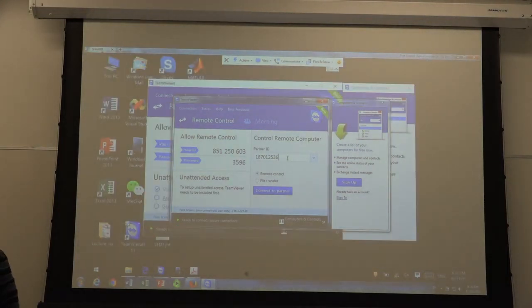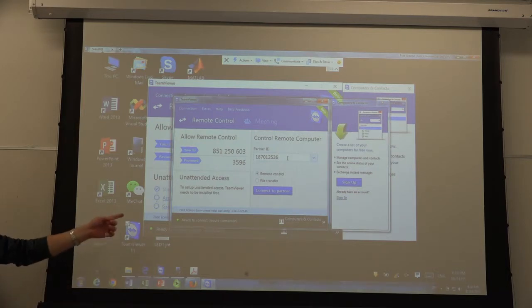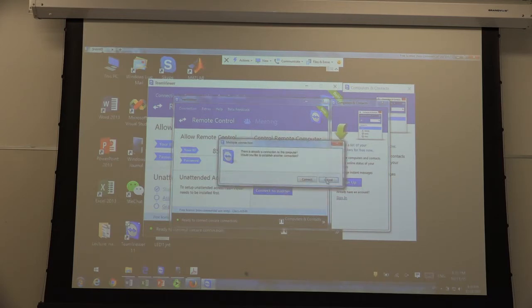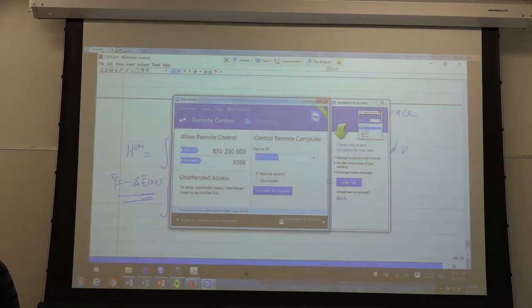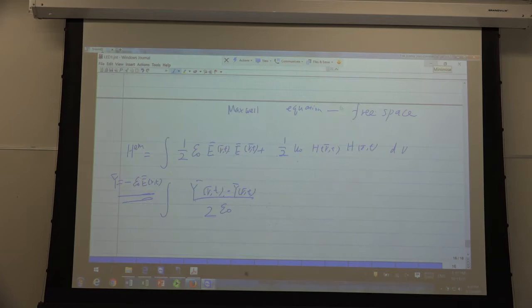I don't know why. I use TeamViewer because it cannot be supported on my server.